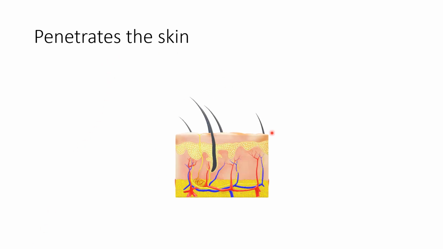Like I said, the skin has been penetrated, the tail has been lost, the head has now been transformed to the schistosomula. And that is the form that will get into the lymphatics and the general circulation that will be taken to the liver.